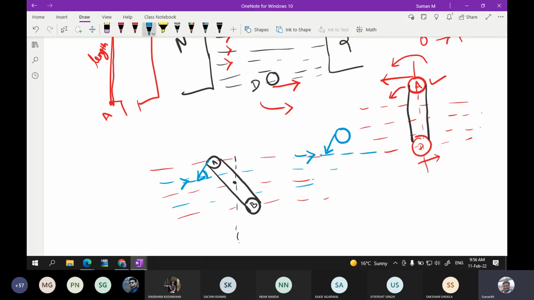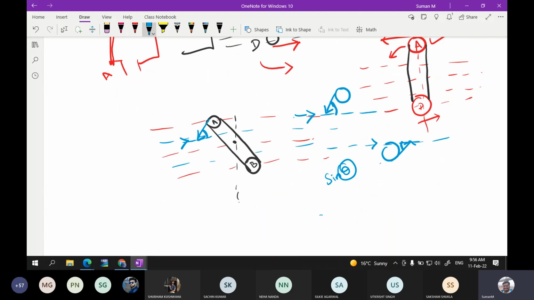There is an angle between these two. Similarly, from this conductor's point of view, it is going to rotate in this direction and have a magnetic field like this, with an angle between them. Now for sine theta, you are going to have some value. Because of that, there is some EMF which is going to be induced.